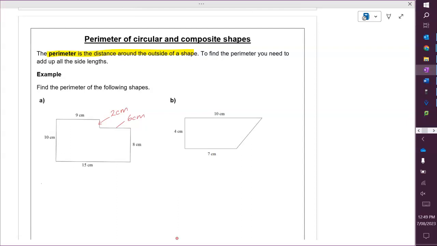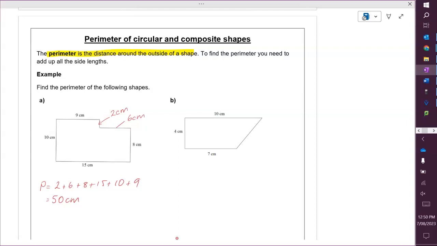And to do the perimeter then, I would say P for perimeter equals 2 plus 6 plus 8 plus 15 plus 10, plus, not times, plus 9, work that all out, and that gives me 50 centimetres. Be sure to put those units on the end, as it can cost you marks if you don't do that.